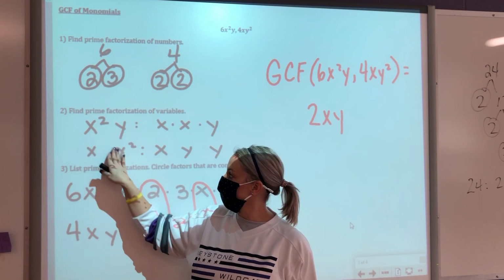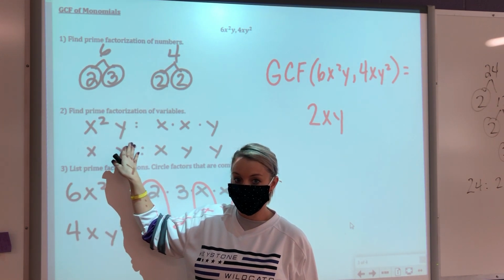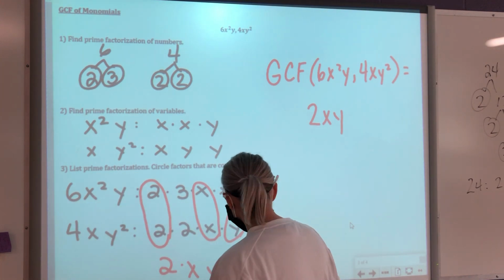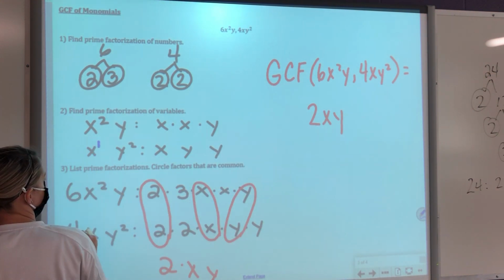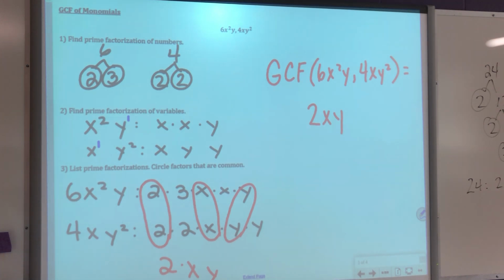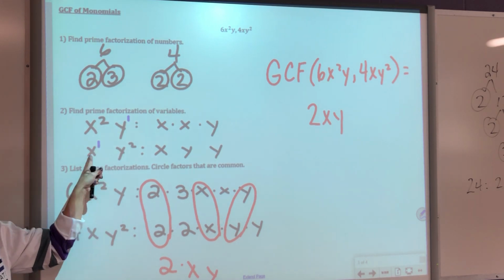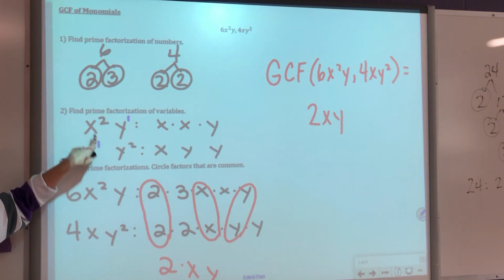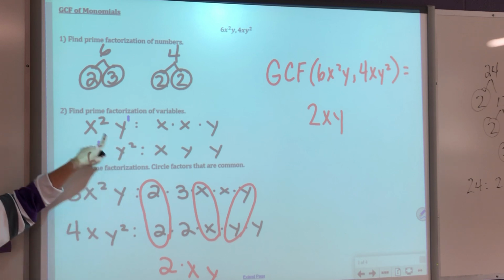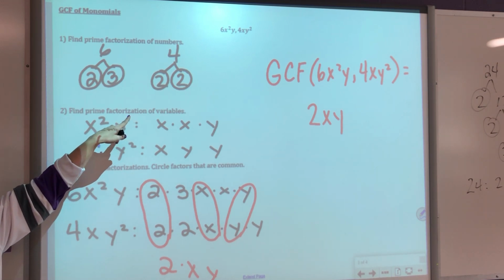So this is a factor and this is a factor. Really what happens is x is raised to the first power and y is raised to the first power. We don't write that because we don't need it. So when you see that, I know I just have one x and I have two y's. Here I have two x's and one y.